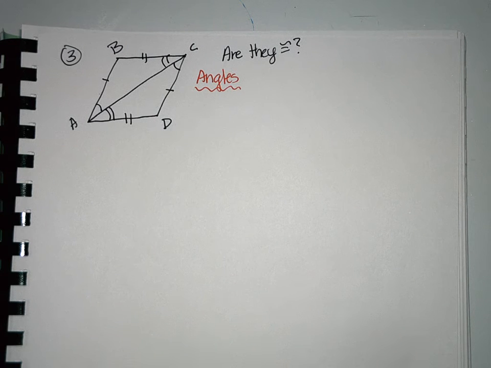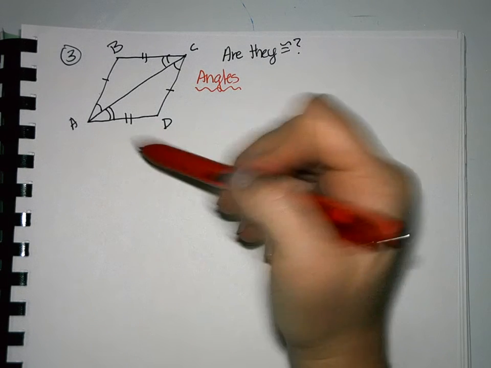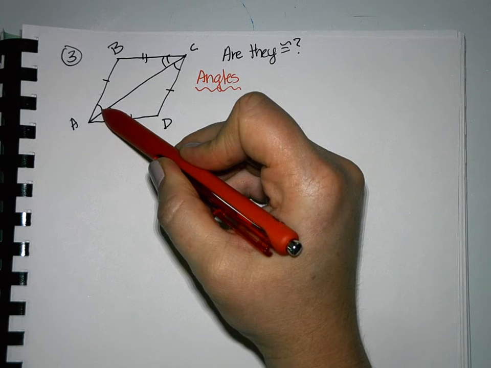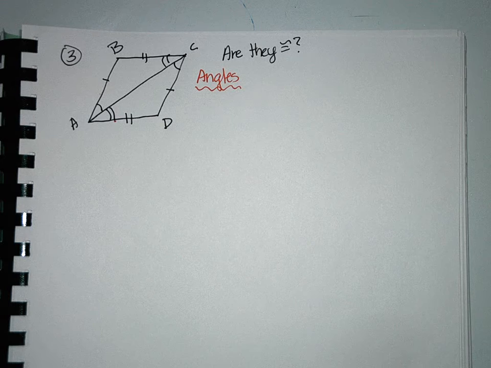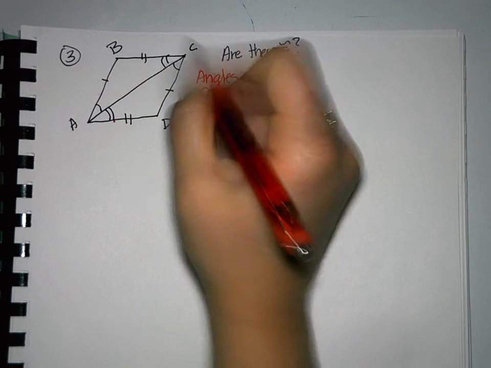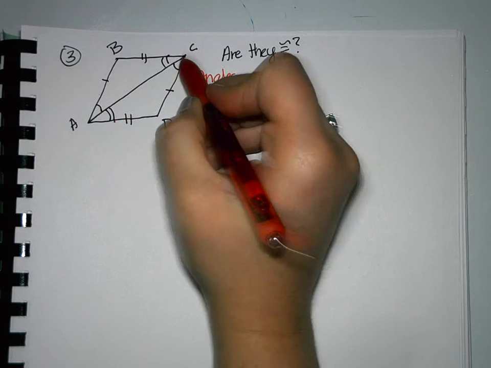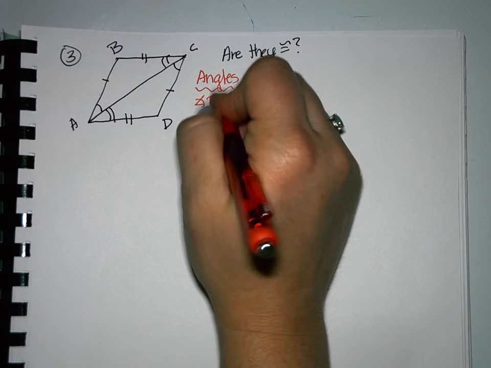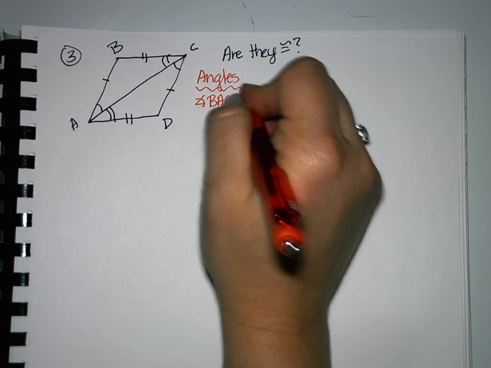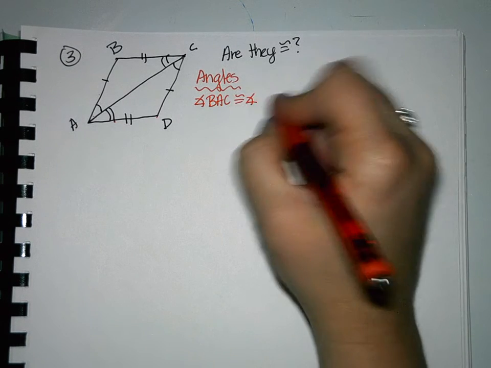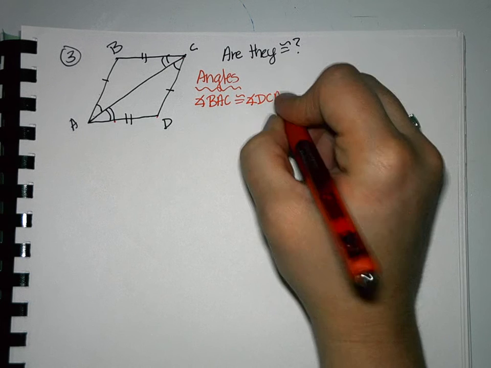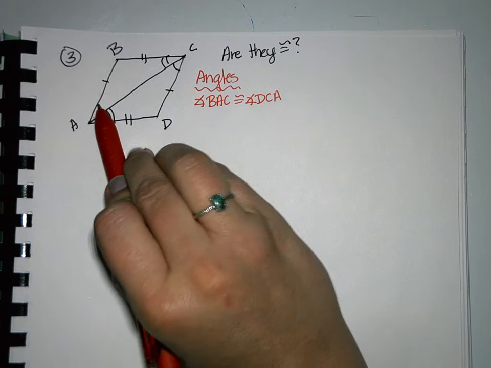So when you say A and C, are you talking about the 1 marking or the 2 marking? 1. So we would want to use 3 letters, B, A, C. And then D, C, A. Because those are both talking about the angles with 1 marking.